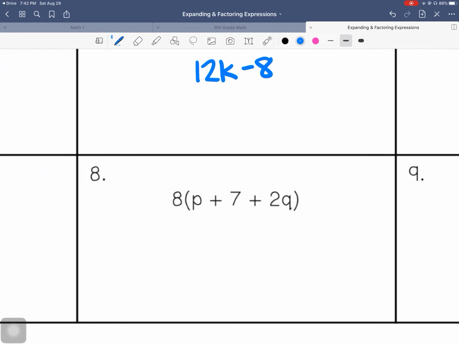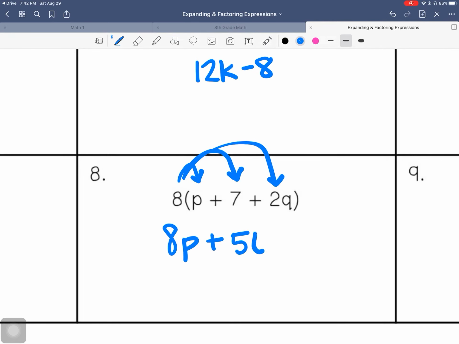Now, we have 3 terms within our parentheses, so we are going to distribute the 8 to all 3 terms using multiplication. 8p plus 56 plus 16q.